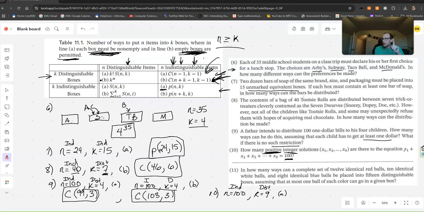We're back here, part A, because we're not allowing empties. So we have C, 100 minus 1 is 99, 9 minus 1 is 8. So we end up with 99 choose 8 ways to solve this equation into those 9 positive integers where the specific values are different. x1 is different than x2 is different than x3.